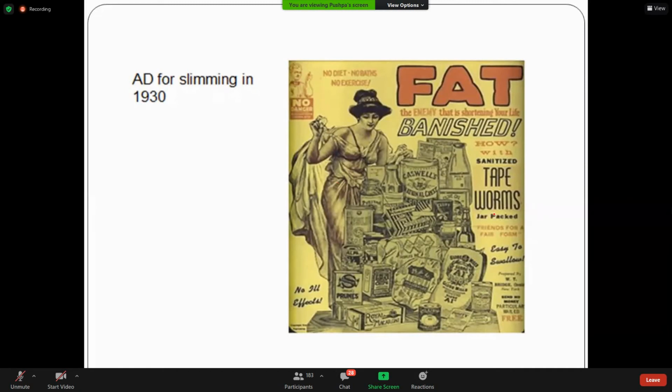And the interesting thing is that it is written "sanitized tapeworms." Sanitized. I don't know how they sanitized them. It was different and it was interesting. That's why I kept it here in my PowerPoint.